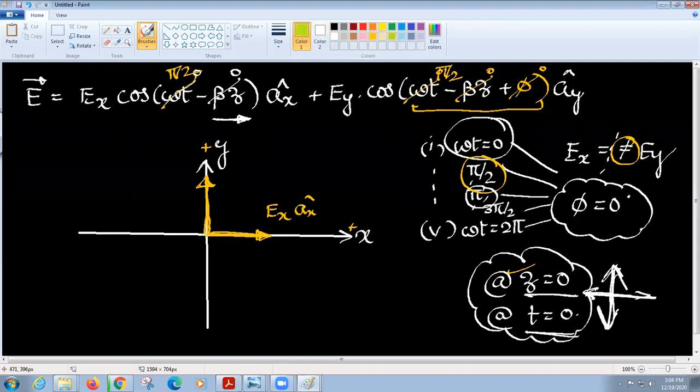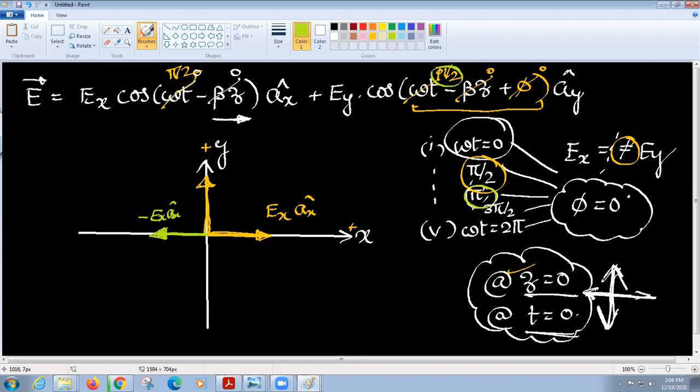Let me take this color now. So this is negative Ex, or Ex multiplied by negative ax. And cos 90 is gone. We took pi, so cos 180 is minus 1.